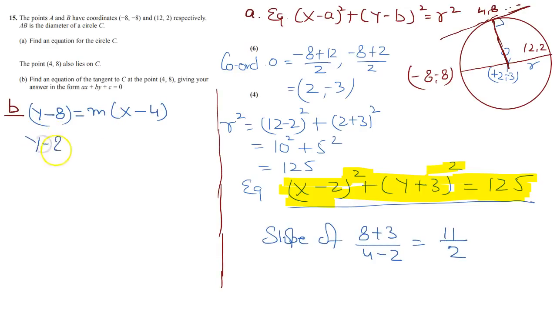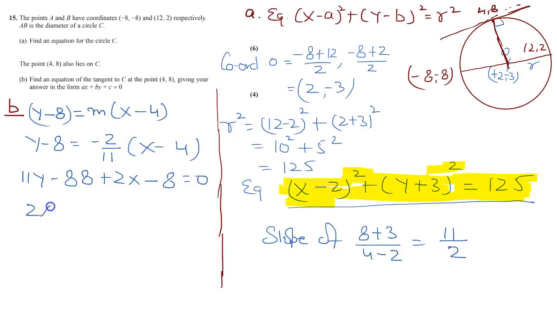So y minus 8 is equal to minus 2 over 11, x minus 4. So 11y minus 88 plus 2x minus 8 is equal to 0. So 2x plus 11y minus 96 is equal to 0. So I think that is the equation of line for this one.